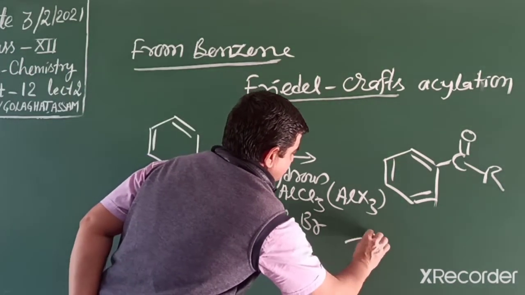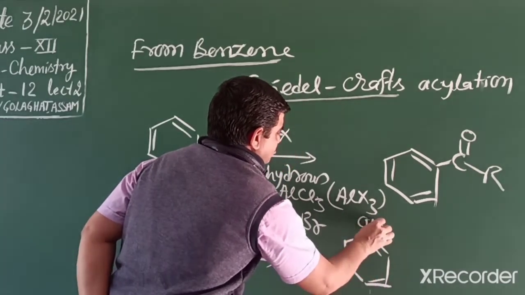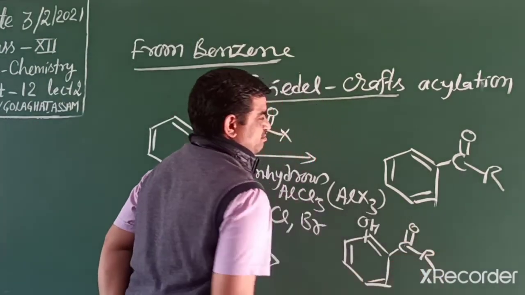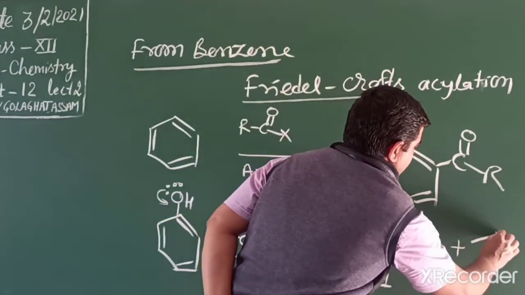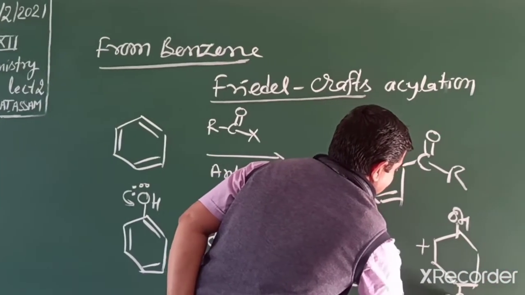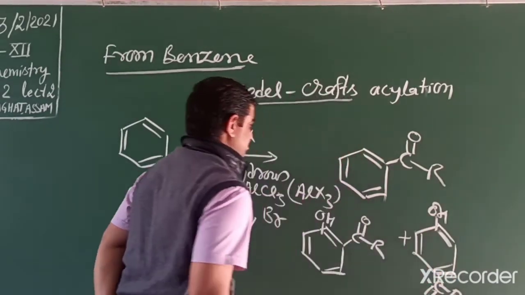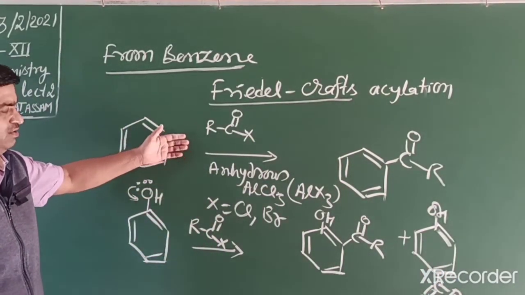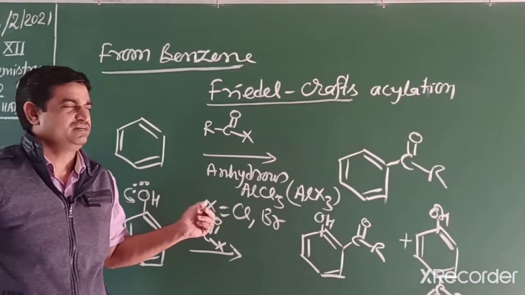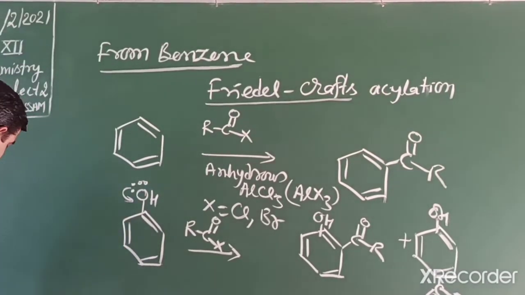The product is formed at ortho and para positions. Para product is the major product. So benzene or substituted benzene we can convert by Friedel-Crafts acylation into ketones.